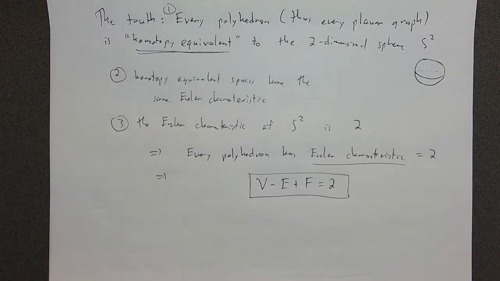Now, the invariant doesn't help you construct the thing to show they're equivalent if they have the same Euler characteristic. So it's better for showing that things are not equivalent than showing that they are, because the converse isn't true.